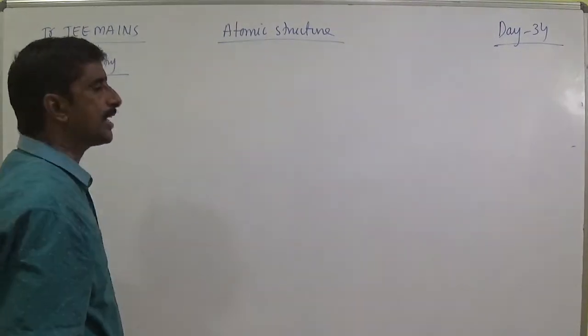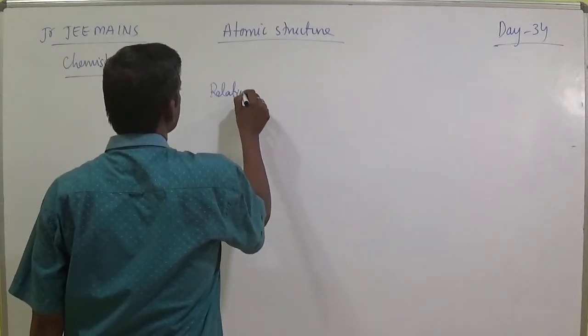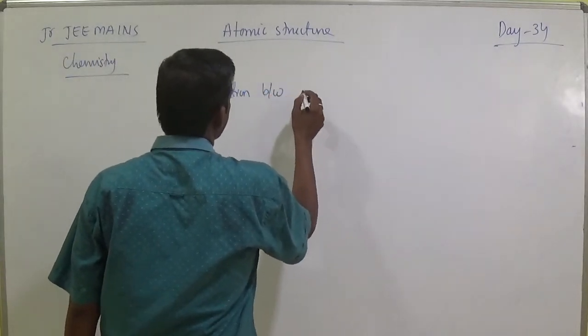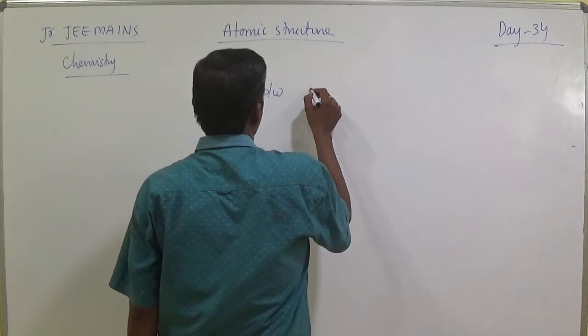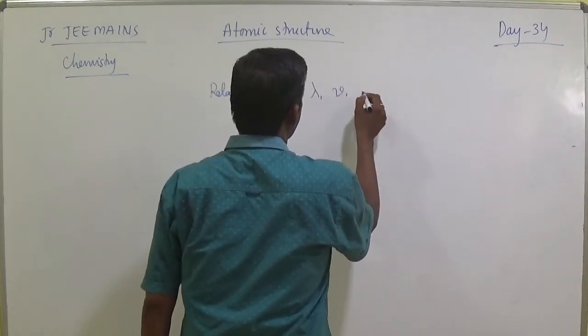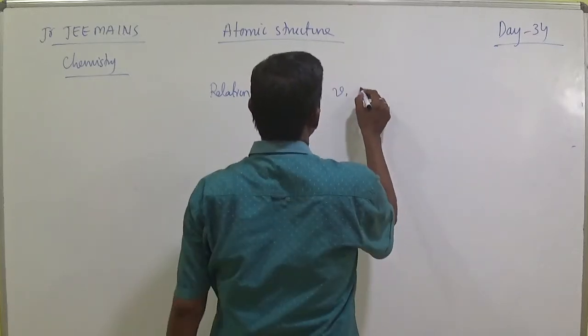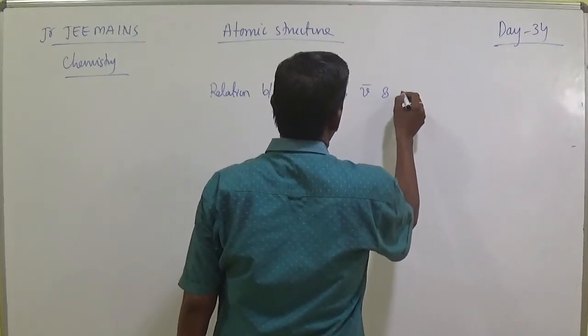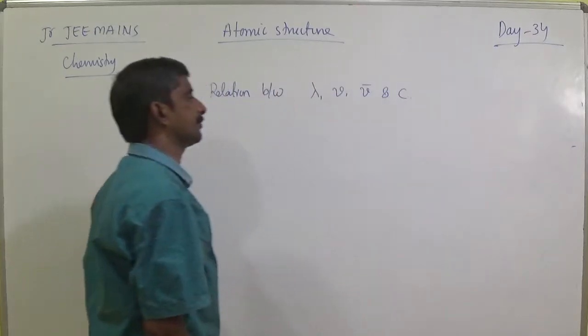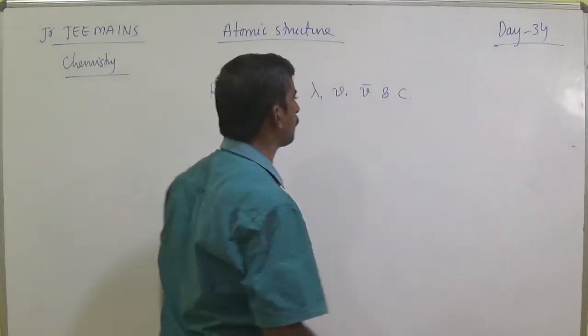Next is the relation between wavelength, frequency, wave number and velocity of light.